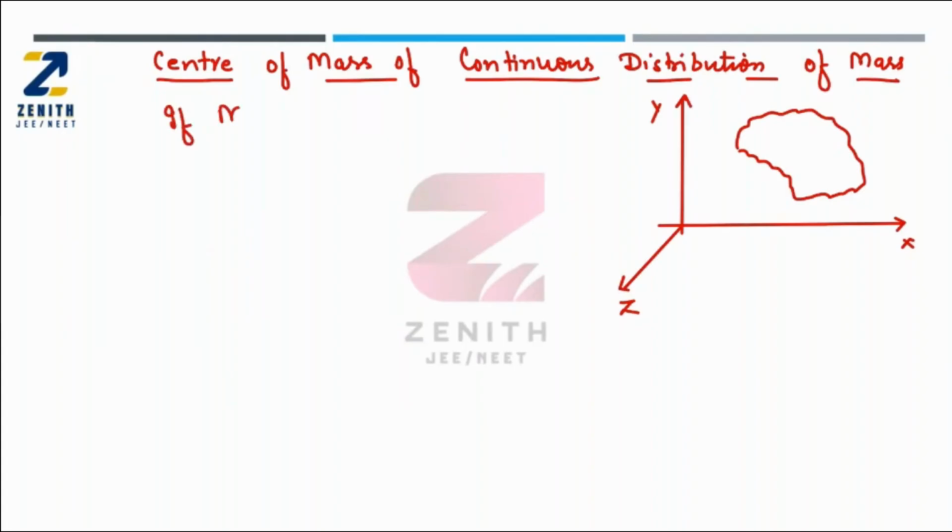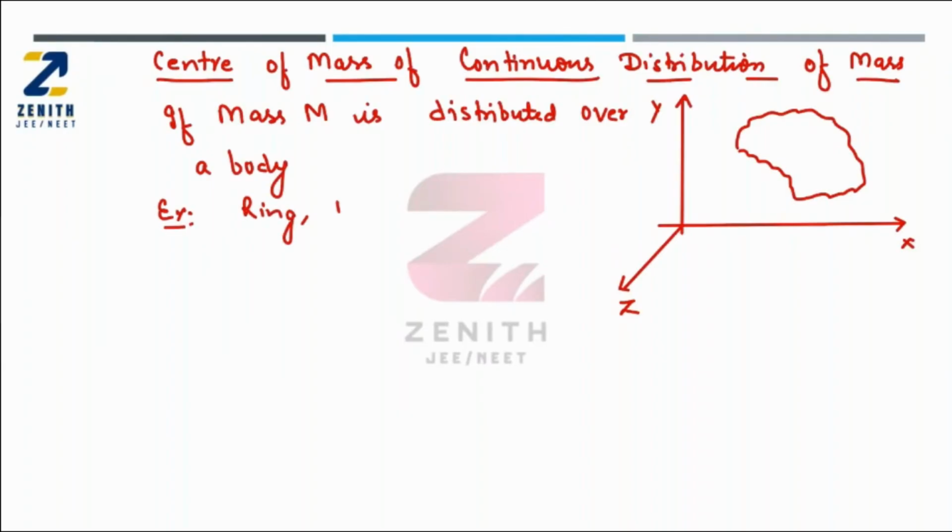If mass m is distributed over a body, for example, it may be a rod, it may be a ring, it may be a disc, in any shape. So what you will do, first of all, you will take a small element.